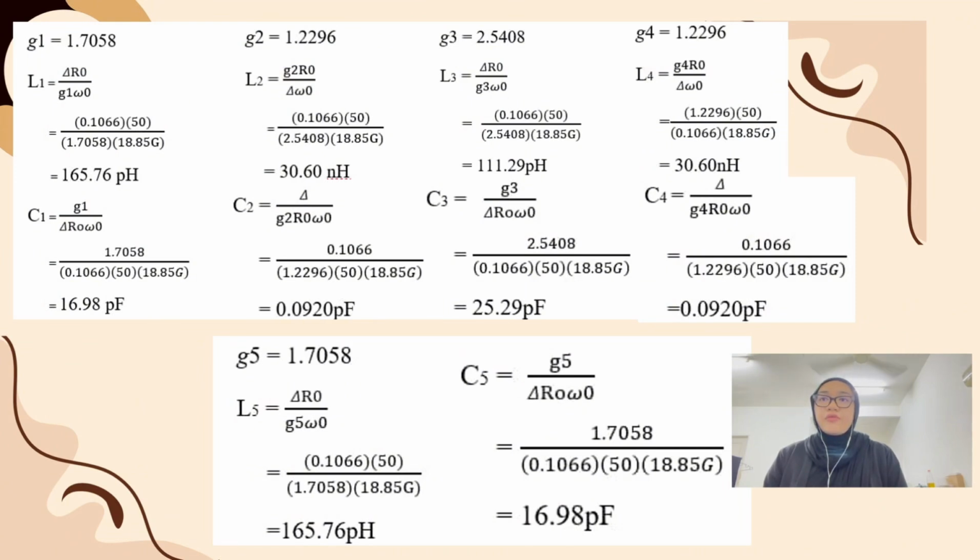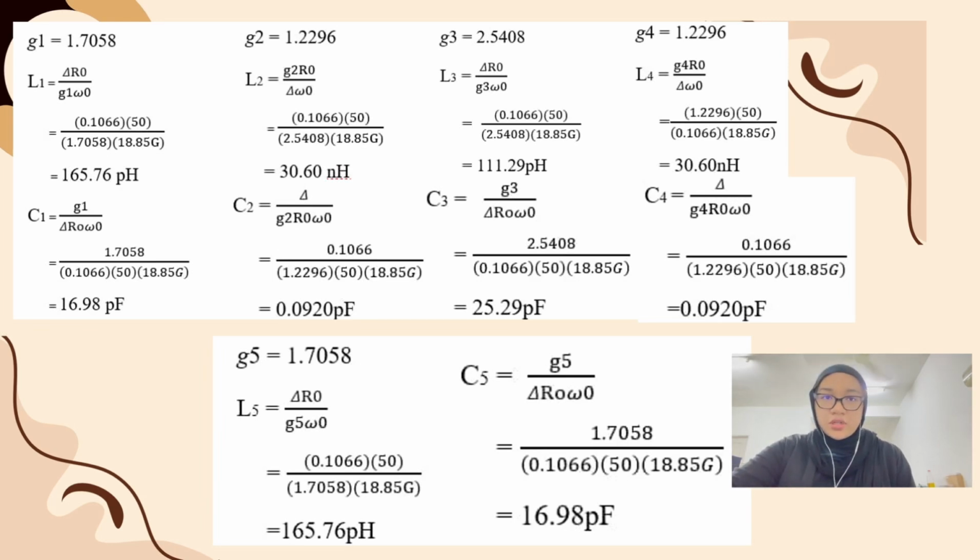For G4 equals 1.2296, the answer for L4 is 30.60 nanohenry, and for C4 the answer is 0.0920 picofarad.